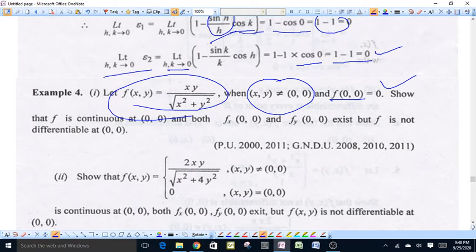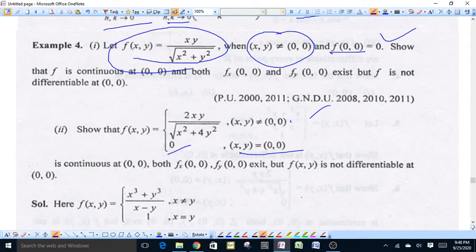Also we have another function f(x, y) = 2x / √(x² + 4y²) when (x, y) is not equal to (0, 0), and the value of the function is equal to 0 when (x, y) is equal to (0, 0), and we have to show that this function is continuous at (0, 0). Both partial derivatives exist at (0, 0), but the function is not differentiable at (0, 0).